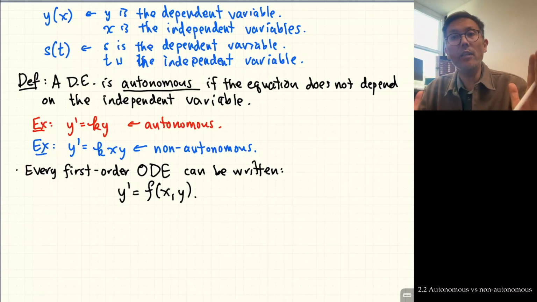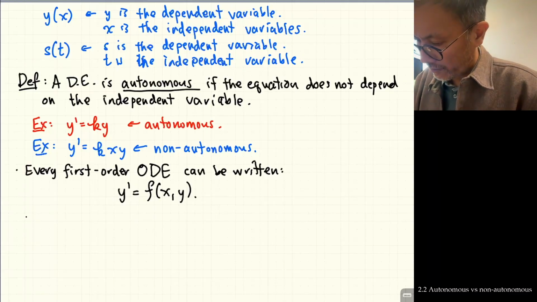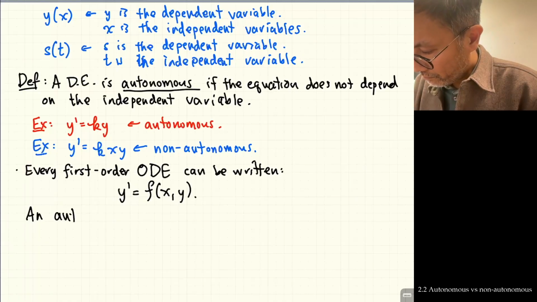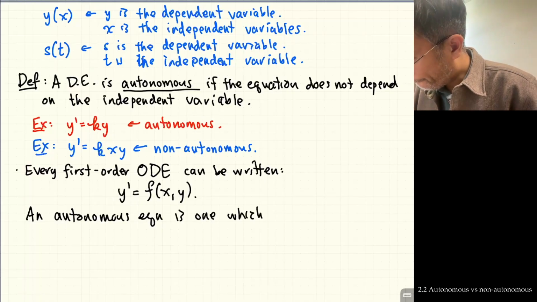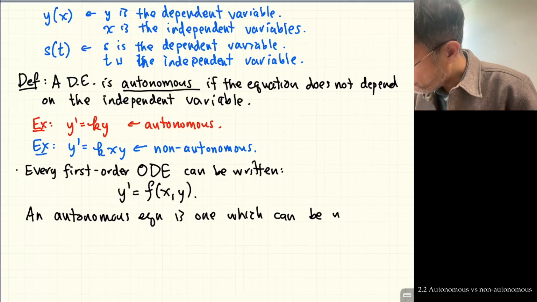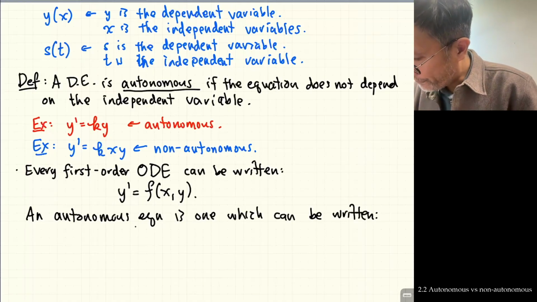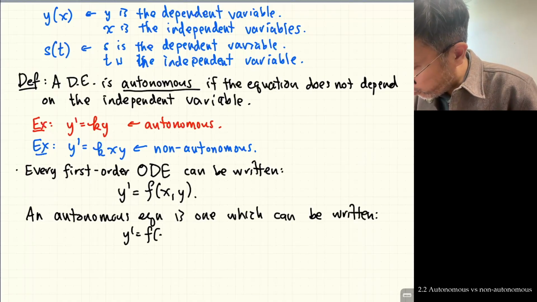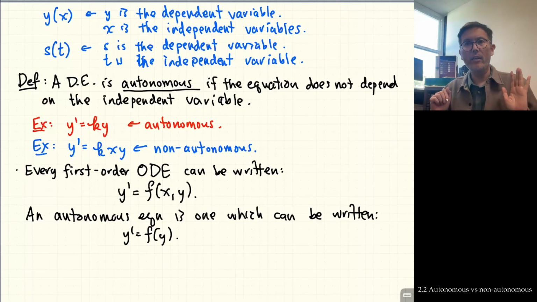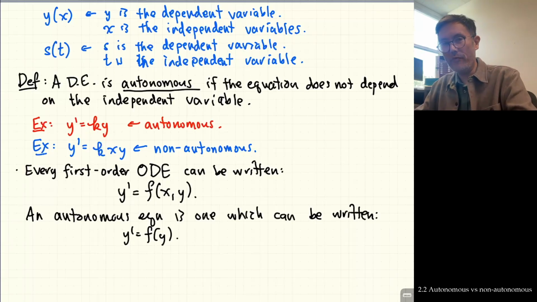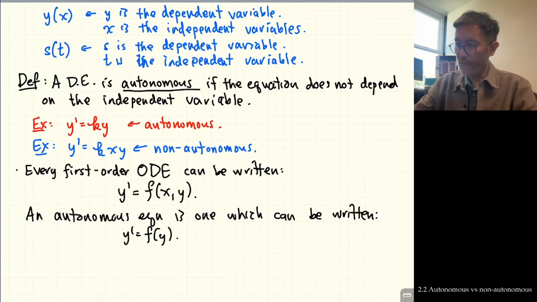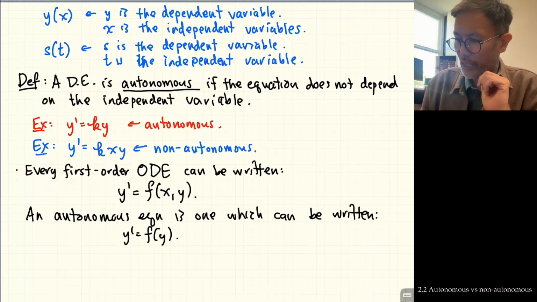Now, an autonomous equation is one which can be written y prime equals f of y only. Okay? In other words, no x's involved there. You see what I'm saying? Sorry, can I correct myself a little bit?